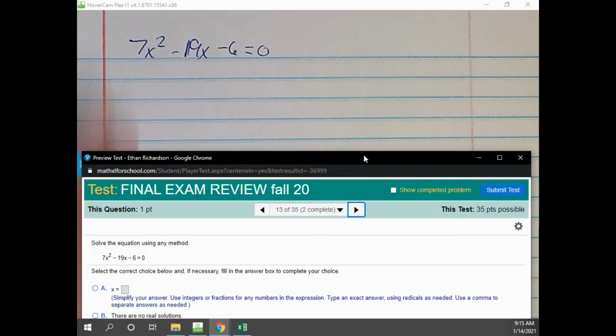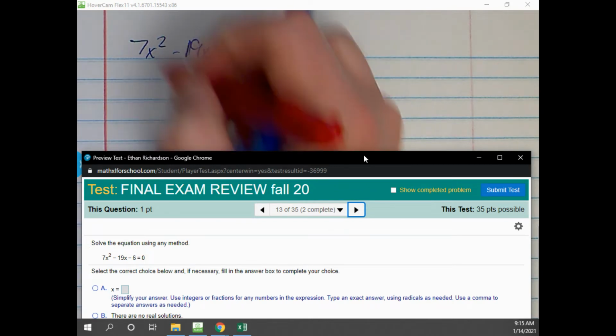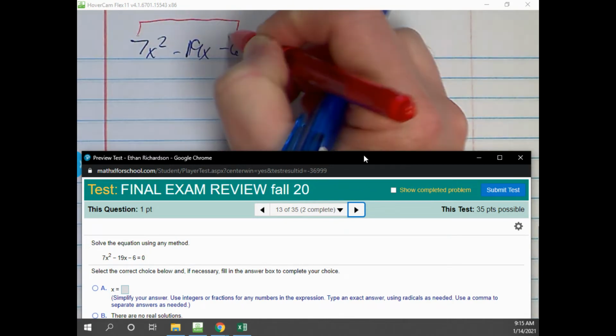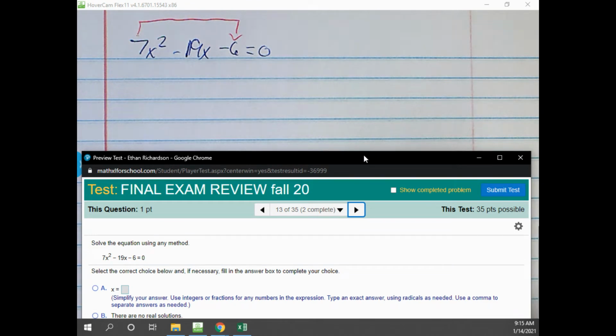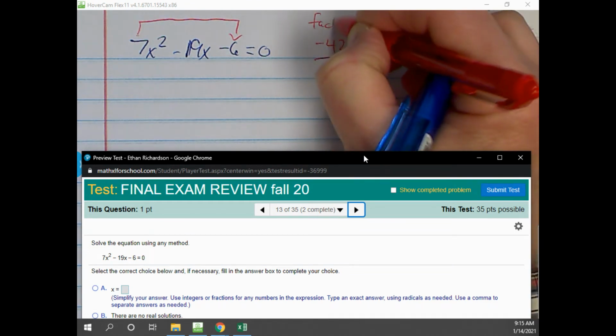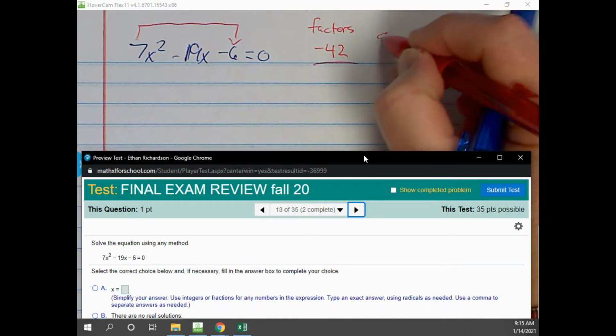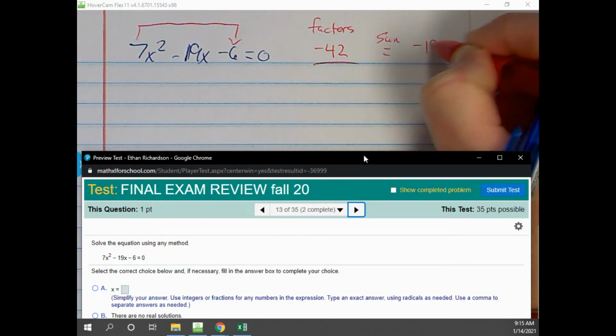Now if it was just x squared minus 19x minus 6, that would be easy. We'd look for the factors of 6 that would make 19, but because it's 7, we've got to do the AC method. So first thing we're doing is 7 times negative 6, which is negative 42. So we're finding the factors of negative 42 where the sum is going to equal negative 19.